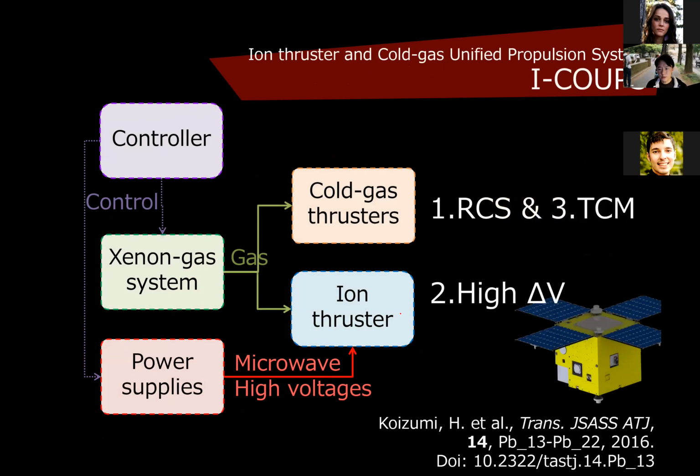For PROCYON, we added a cold gas thruster here, but we shared the gas system and controllers. This reduced the total mass and volume of the propulsion system. So we named this system a unified propulsion system. Ion thruster and cold gas are unified.